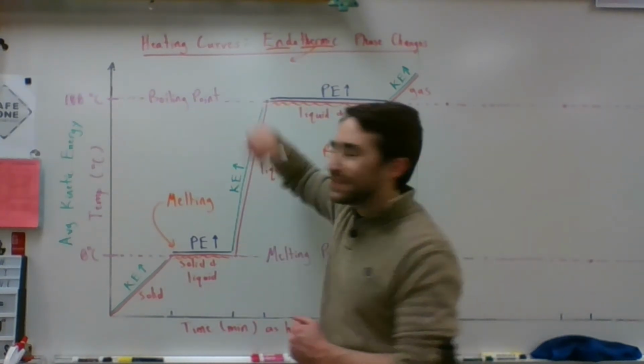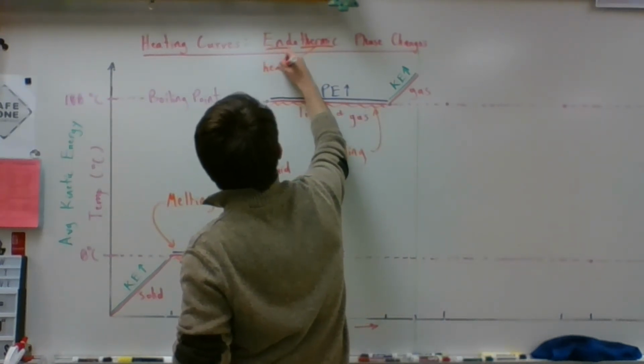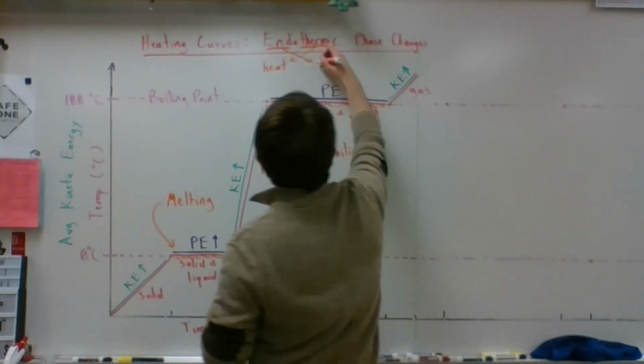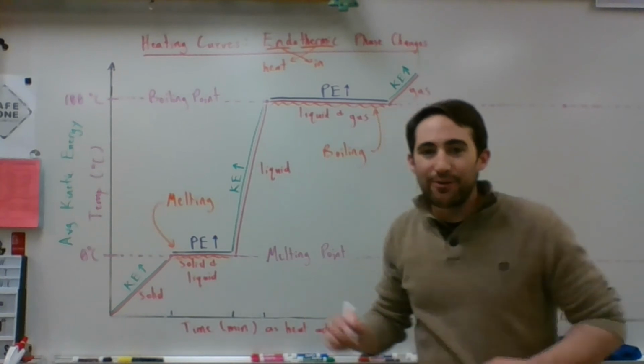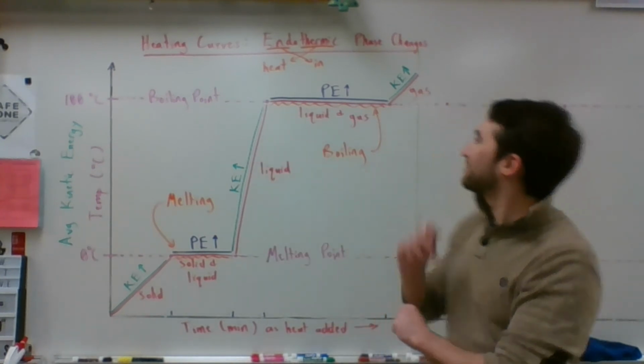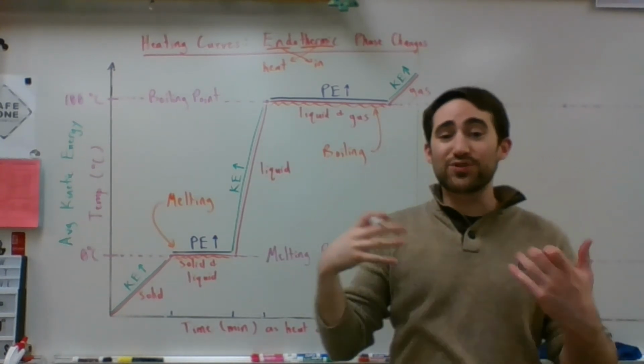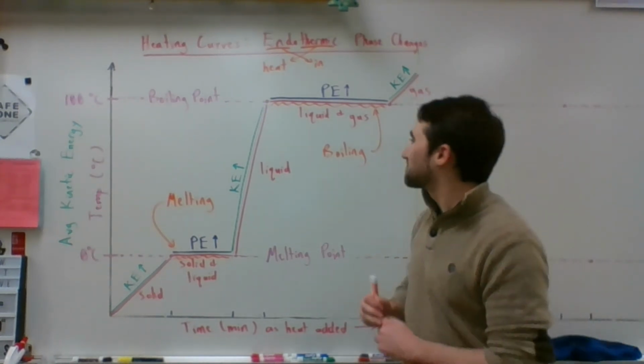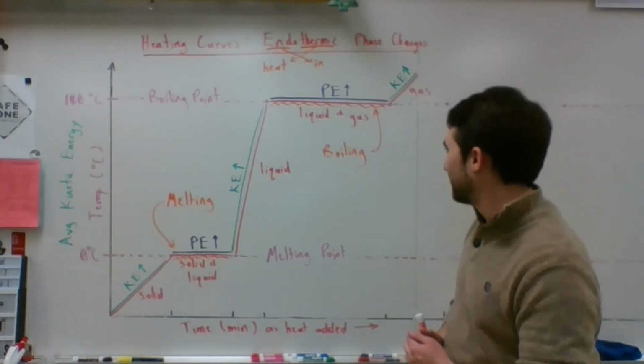So thermic is heat, and endo is in. Endothermic just means heat in. So we are taking heat in. We are absorbing heat in these phase changes. Cool. A bit of terminology.